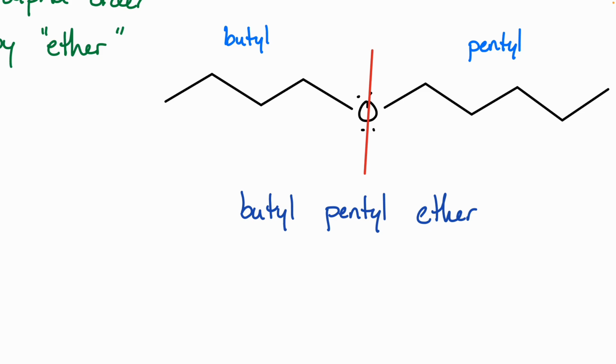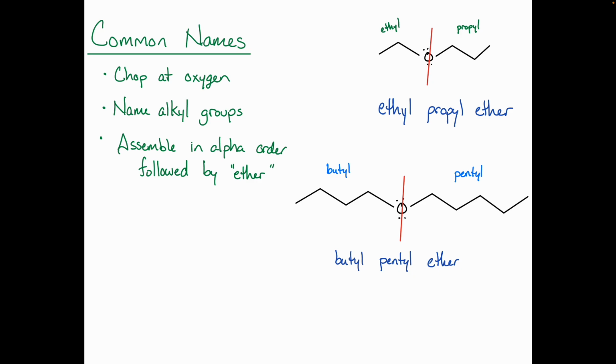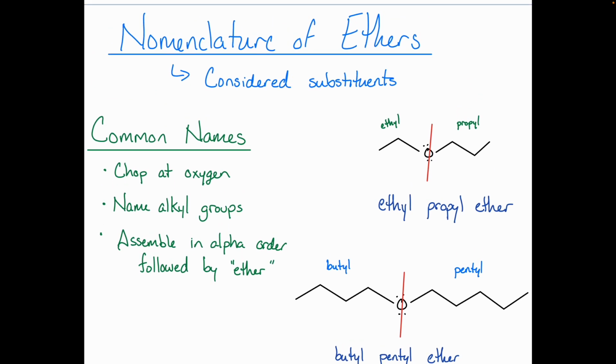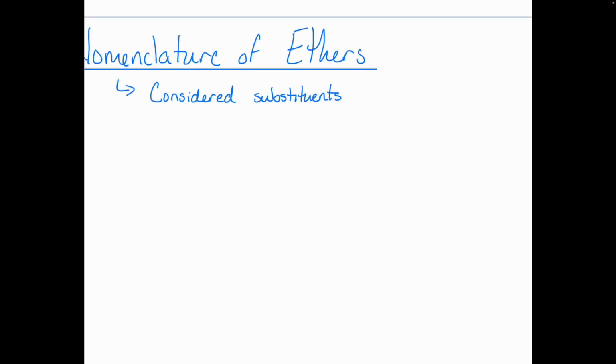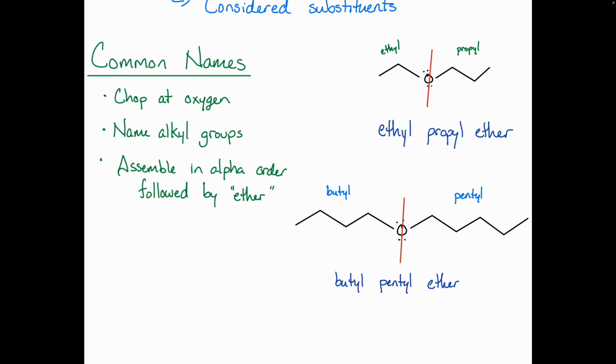All right, so we can name these ethers according to their common names or our IUPAC names. We could just note here that our common names only kind of work for our most simple ethers, right?